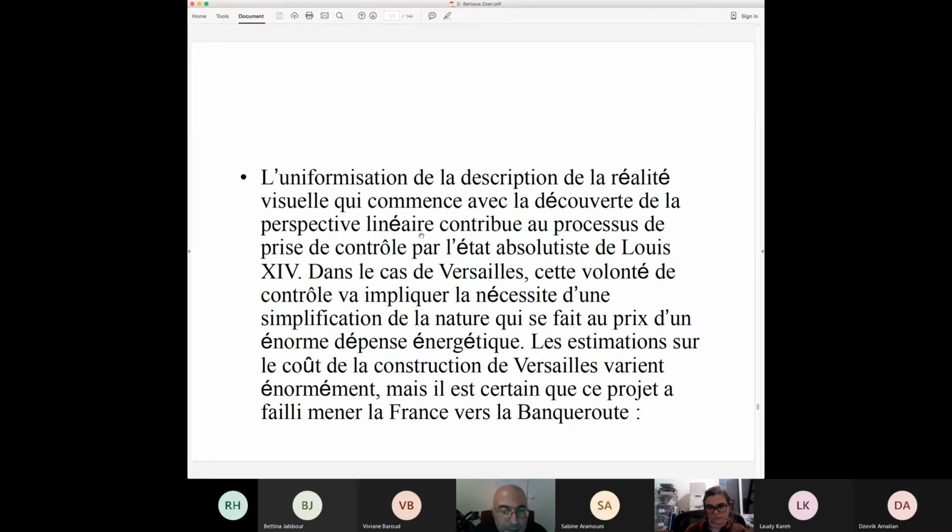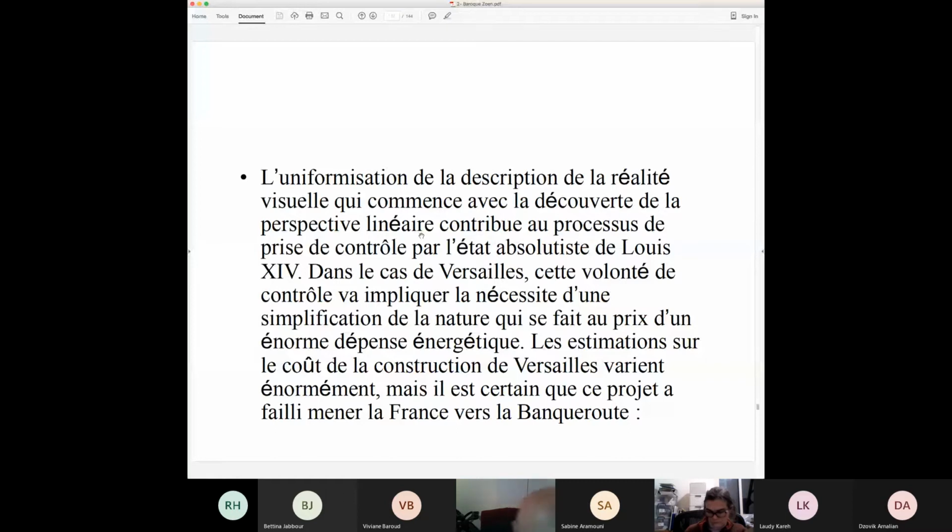What it implies is that there is a necessity of simplifying nature. Well, paradoxically, the simplification of nature requires enormous energetic outlay. In order to simplify nature, you need enormous energy.